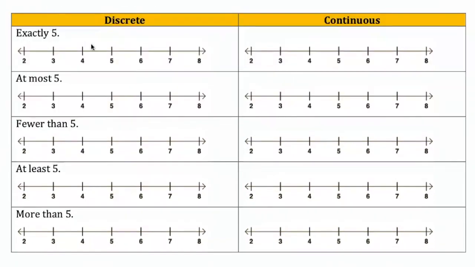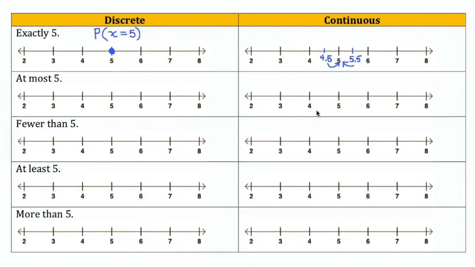For example, if I wanted to calculate the probability of getting exactly 5, in a discrete probability distribution, there's only one outcome that represents success, which is me getting that value of 5. But when we look at the continuous probability distribution, anything that is bigger than 4.5 and smaller than 5.5 would actually round to 5.